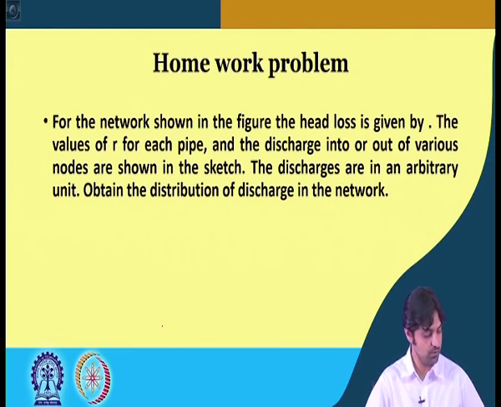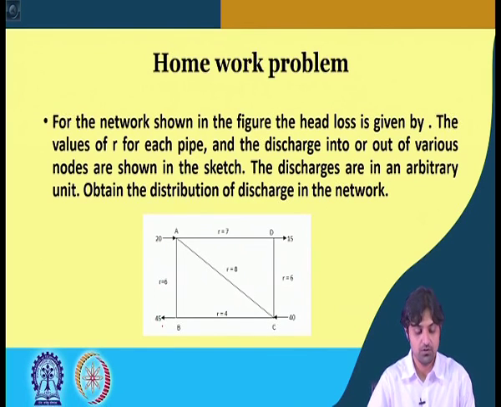Okay, so before we end, there is a homework problem. The homework problem is, there is the network shown in this figure and the head loss is given by RQ square.